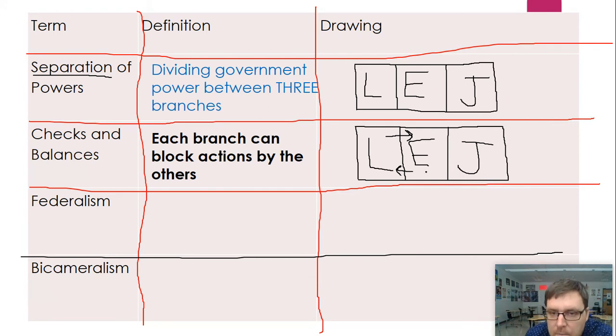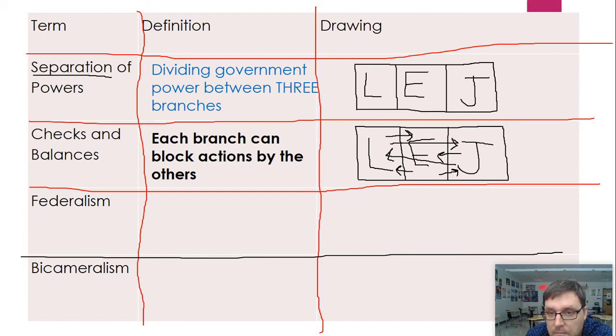Okay, so the Supreme Court can declare his laws unconstitutional, his rules unconstitutional, and their laws unconstitutional, but they can impeach judges just like they can impeach the president, and he can appoint them.